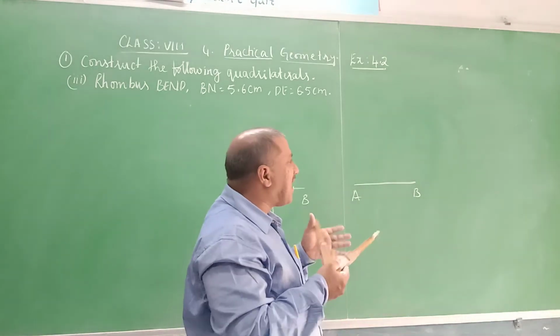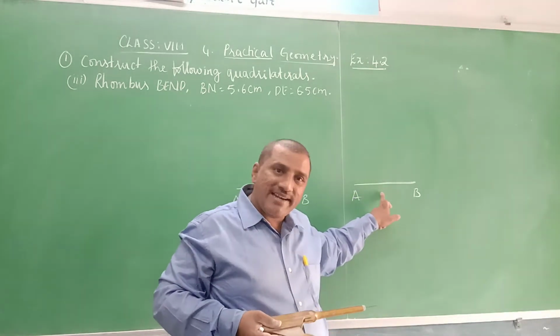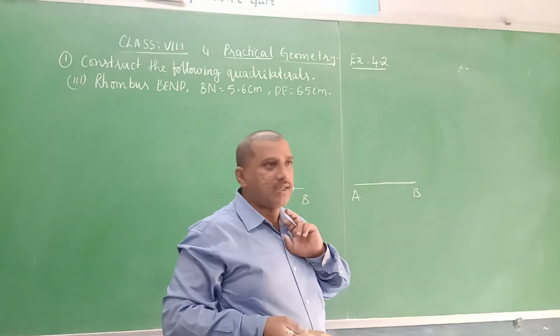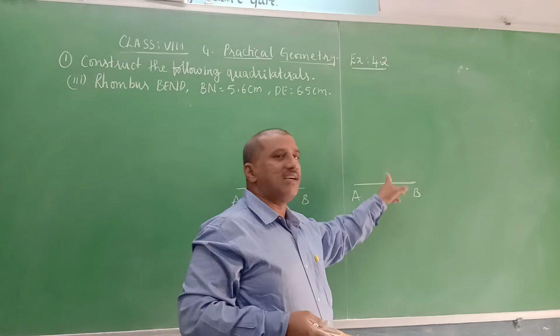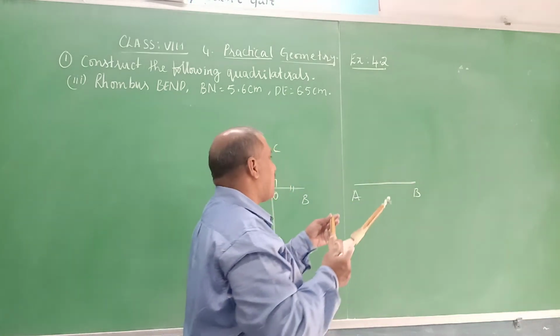What happens if you take less than half? The two arcs will not intersect. If you take exactly half, the arcs will meet on the line segment. That is why we take more than half.